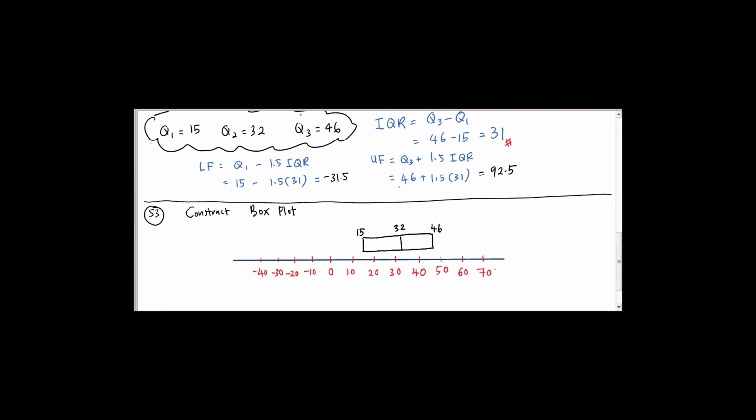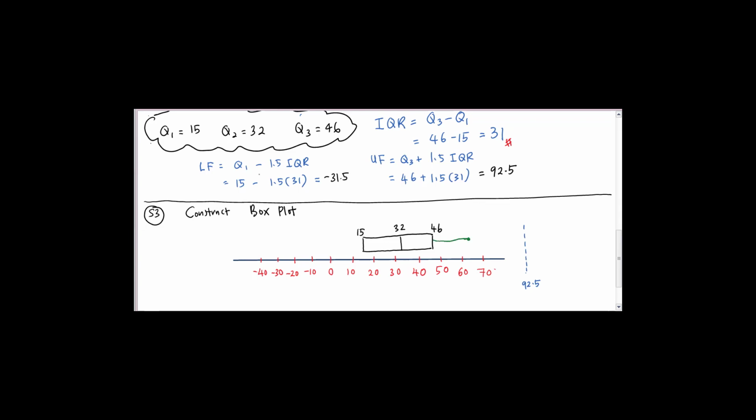And for the whisker, we have to look at our fences. Since the upper fence is 92.5, it is maybe around here. So we draw a dotted line at 92.5, and from our data, we know the maximum data is 62. So we just draw a line to 62, or maybe just a dot, and we link it to the box.